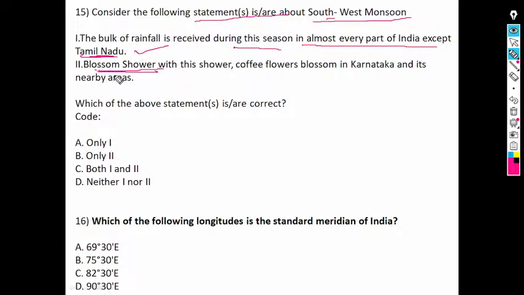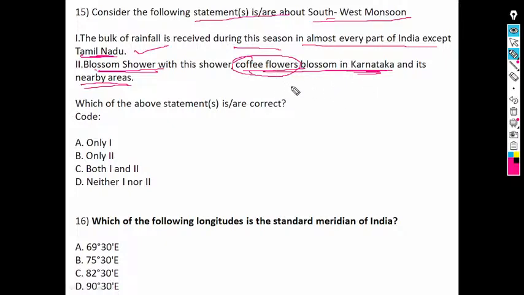Blossom shower. With this shower, coffee flowers blossom in Karnataka and its nearby areas particularly. Blossom showers are pre-monsoon showers, not southwest monsoon.